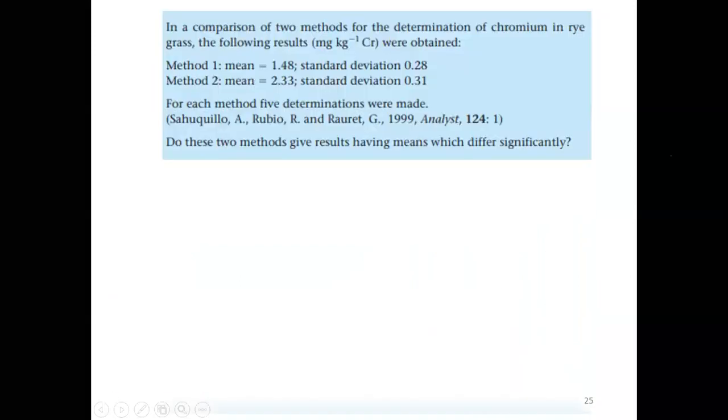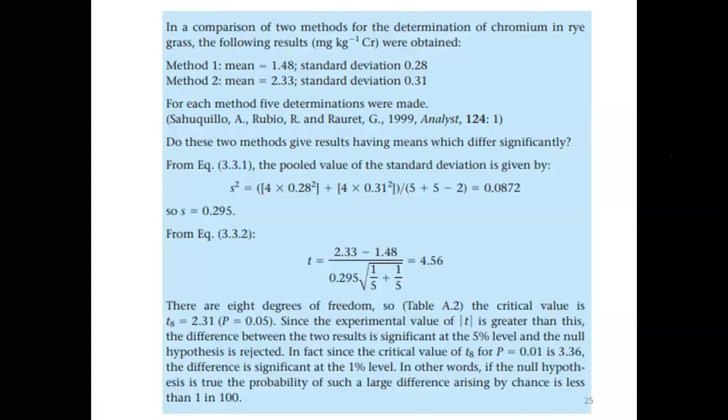Now, since the critical value of t for 8 degrees of freedom is 3.36, our calculated value is also exceeding that one, right? So again, we get a similar result here.